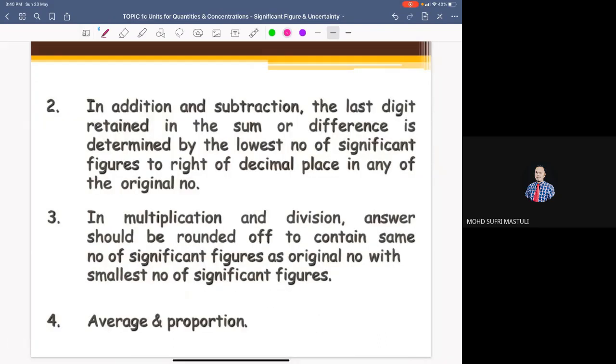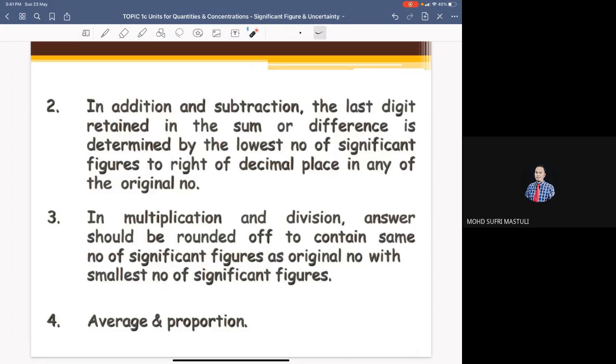During addition and subtraction, the last digit written in the sum or difference is determined by the lowest number of significant figures to the right of the decimal place in any of the original numbers. We will see the example later.